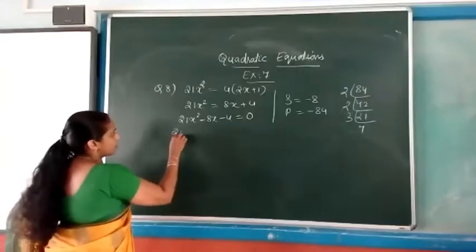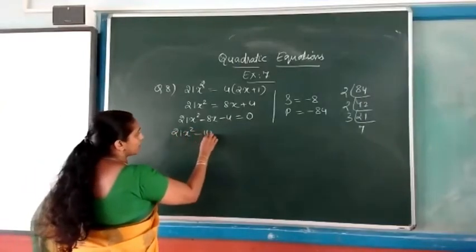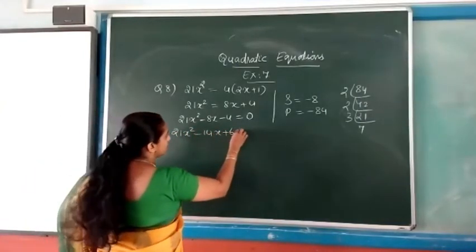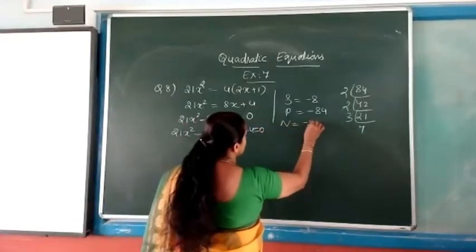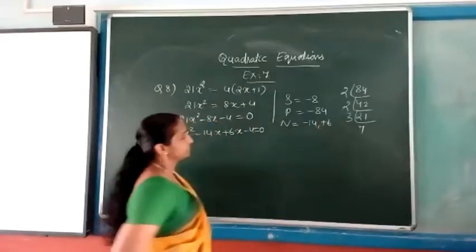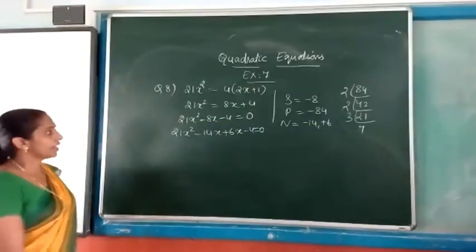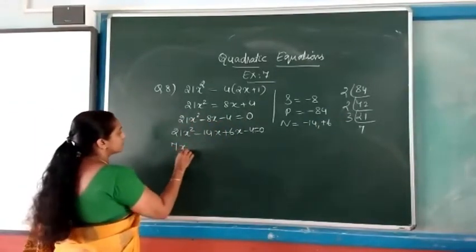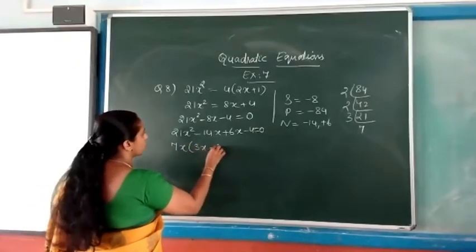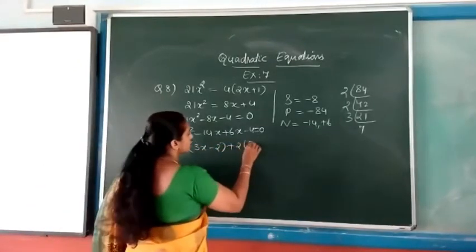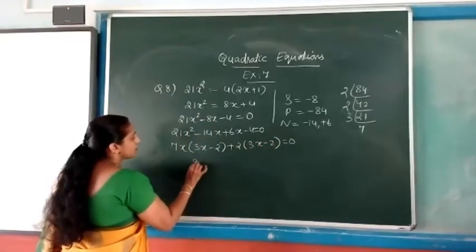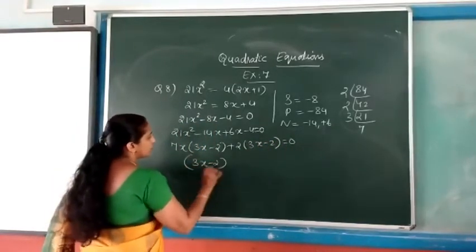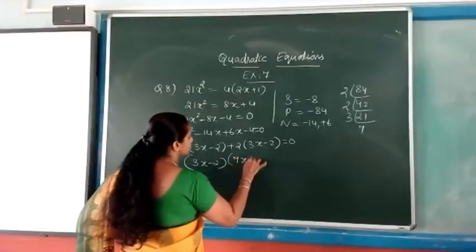That is 21x square minus 14x plus 6x minus 4 equal to 0. Numbers you have to write minus 14 plus 6. Okay, 7x common, 3x minus 2 plus 2 into 3x minus 2. So you are getting the two factors, 3x minus 2 into 7x plus 2 equal to 0.